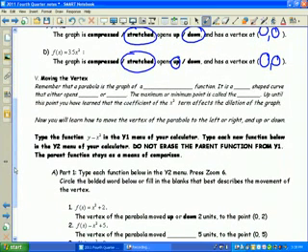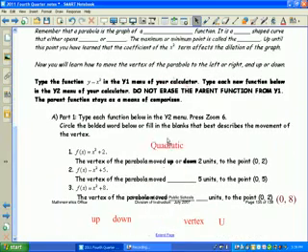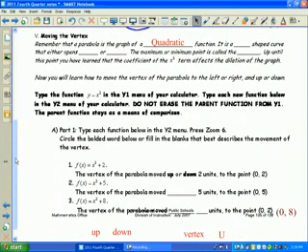So here we go. Remember that a parabola is a graph of a quadratic function. It is a U-shaped curve that either opens up or down, and the maximum or minimum point is called the vertex.